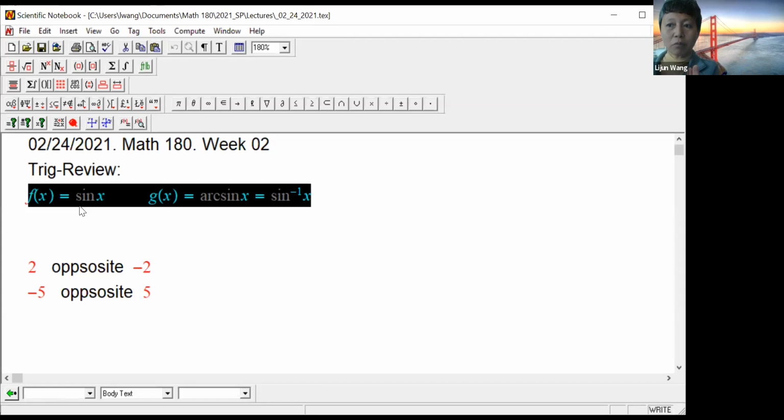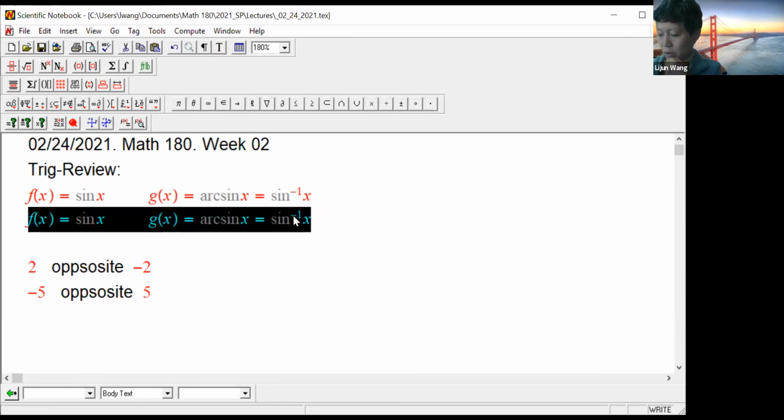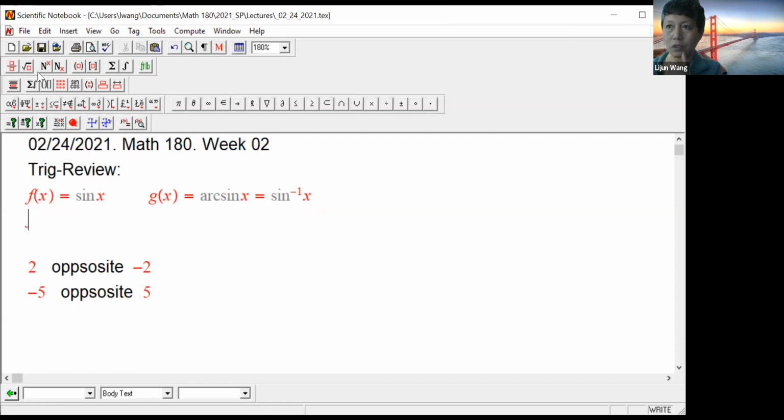Can you graph sine x and arcsine x for me? Do you know what the domain and range are for these two functions?